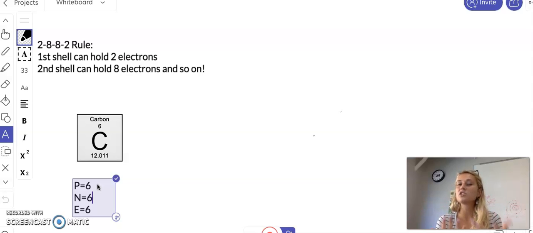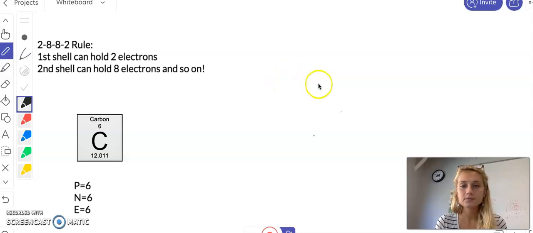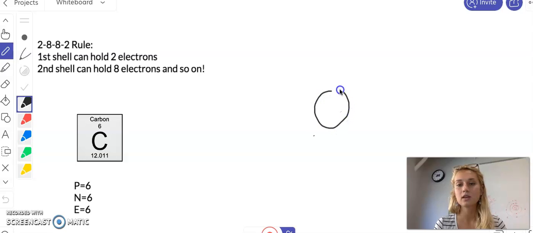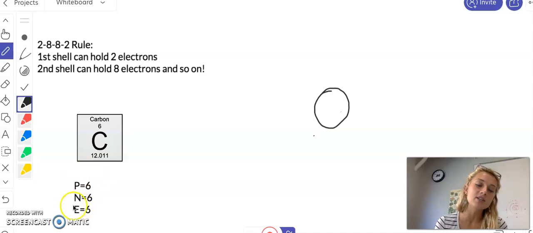But we still need to figure out how we draw it. So I'm going to grab my little pen tool. When we're drawing an atom, we always want to start with the nucleus. There it is right there. That's the center of my atom. That's my nucleus. We know that inside the nucleus, we have only 2 of our subatomic particles, my protons and my neutrons.